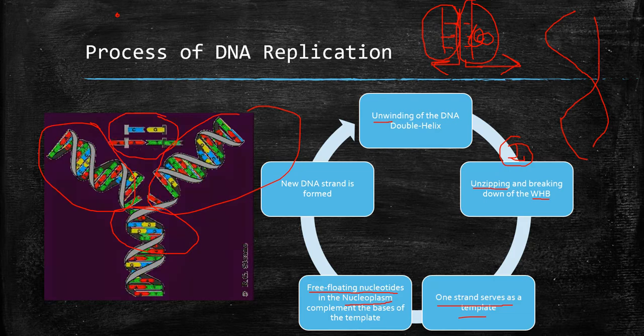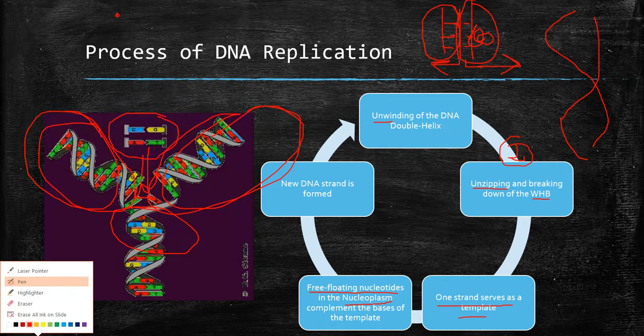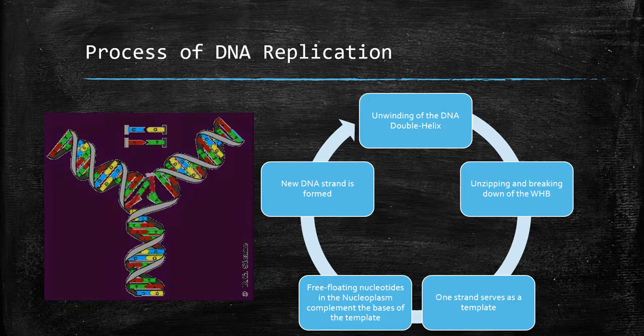Now the free-floating nucleotides are being placed onto the template strands, and this strand and this strand would be genetically identical. It is that simple. That's DNA replication in a nutshell.